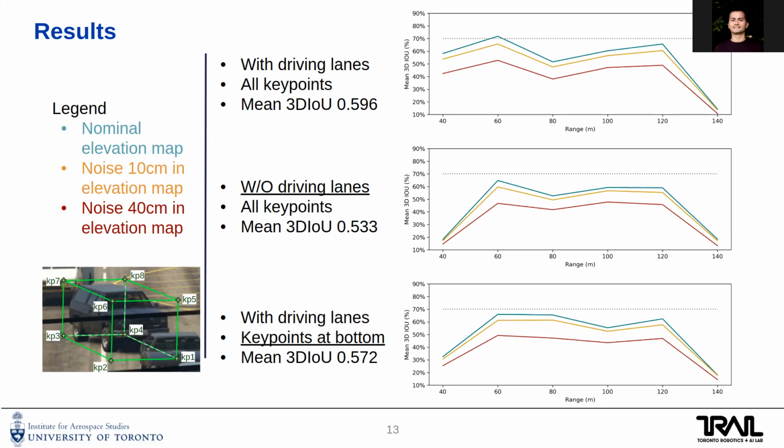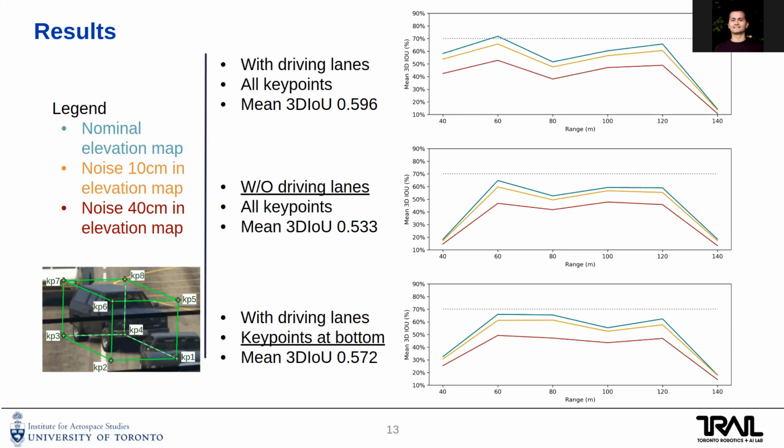It could also be in the range from -10 to +10 centimeters. And we also have another variation in terms of noise that goes from -40 to +40 centimeters in the elevation map. We also have variations including driving lanes and without including driving lanes.